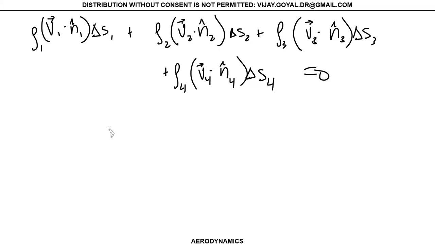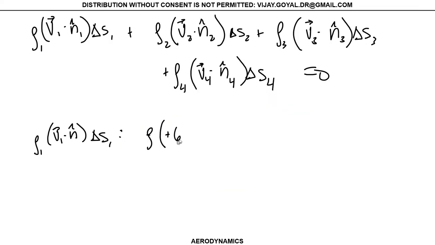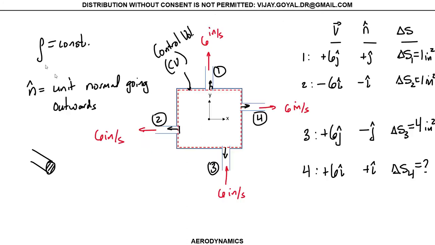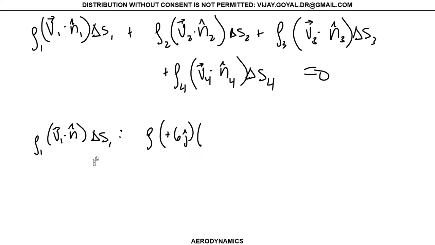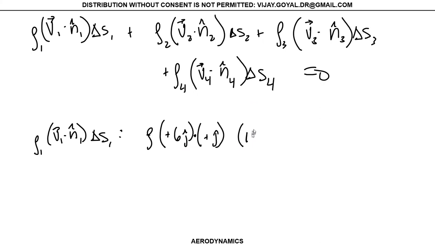Okay, so let's work with one term at a time. So the first term gives you V1 dot delta S1, and that term tells you all the densities are the same, so you call it rho, and V1 is equal to 6J plus 6J, N1 is equal to J, sorry, this is J plus J. This is dot product multiplied by, this is equal to 1.